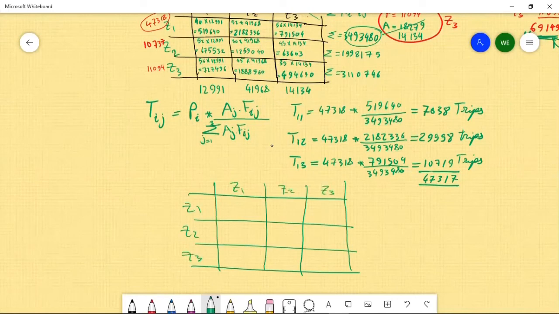The trips between zone 1 and zone 1, these are intrazonal trips, the trips within the zone itself. And here is 29,558, and here 10,719, and so on.